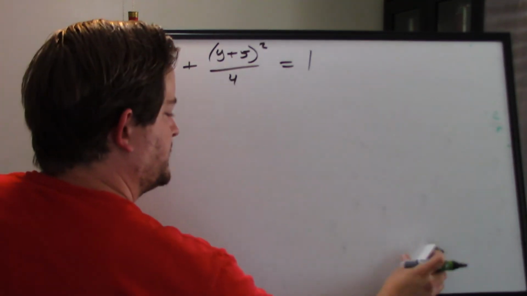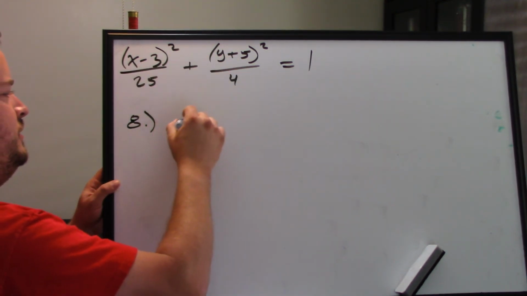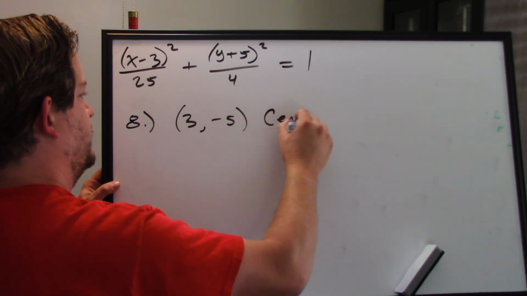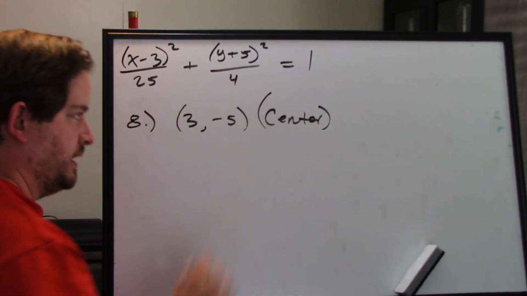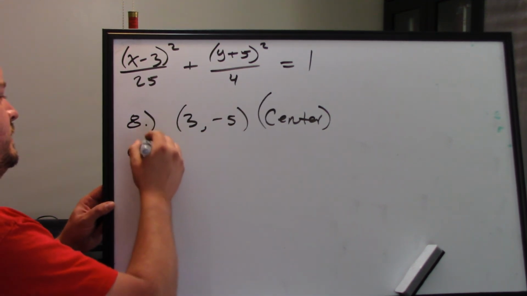So number 8 says, what's the center? The center is easy. It's 3, negative 5. They asked for the center, right? Number 9 asks for the foci.